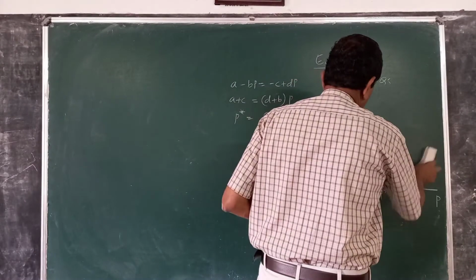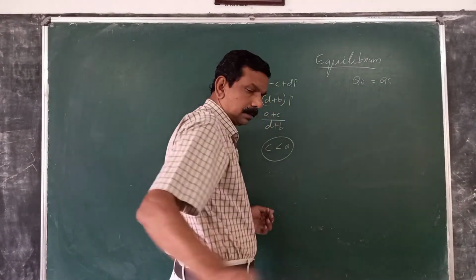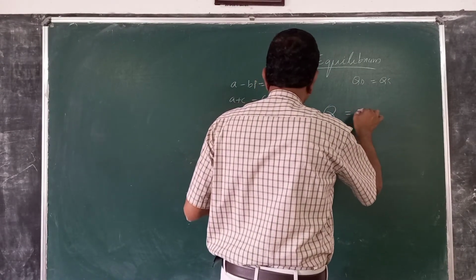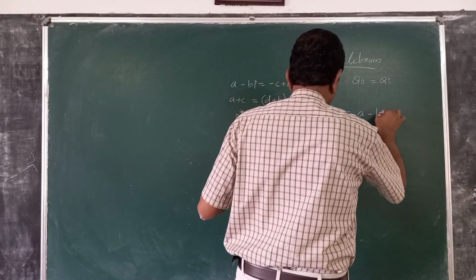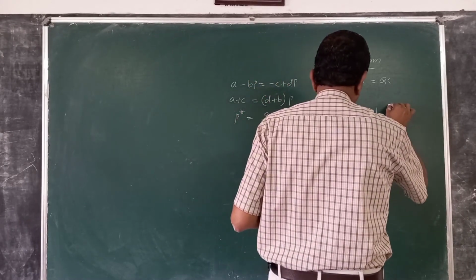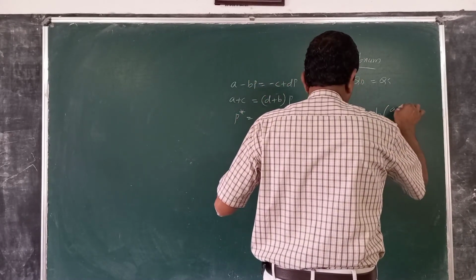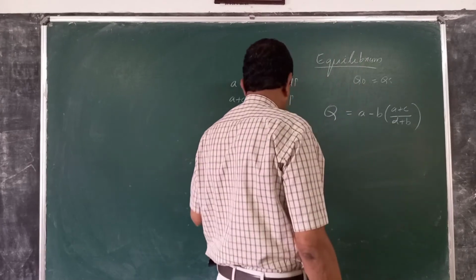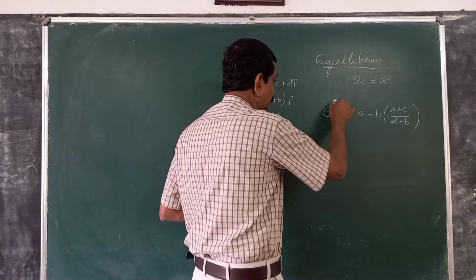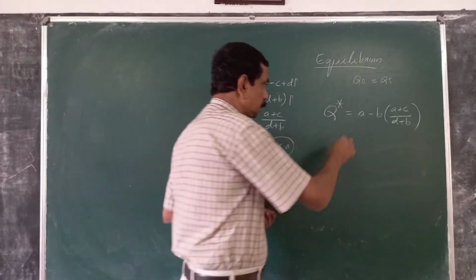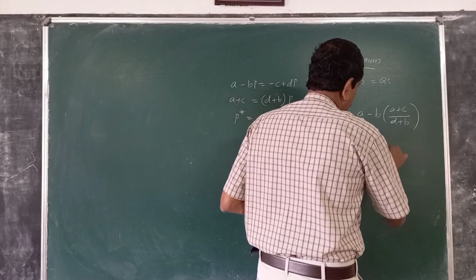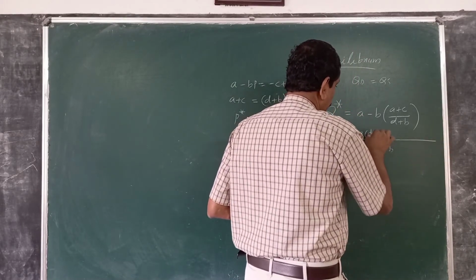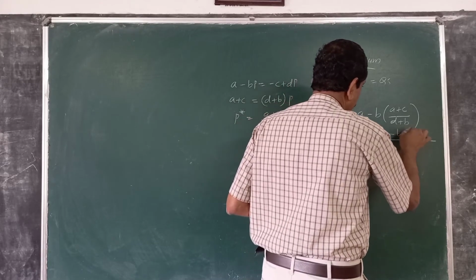Now, to obtain equilibrium quantity, we substitute the equilibrium price, A plus C by D plus B, in the demand equation or in the supply equation. Q is equal to A minus B into (A plus C by D plus B), taking D plus B as LCM, A into (D plus B) minus B into (A plus C).